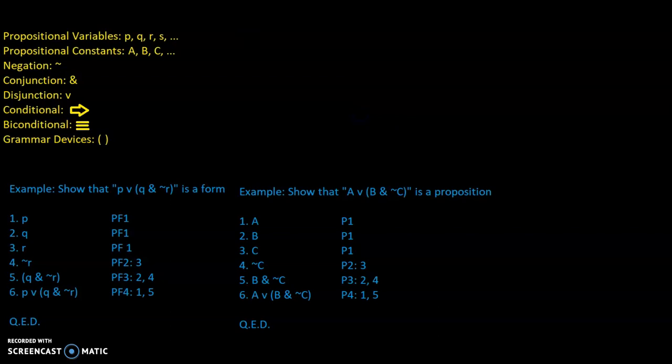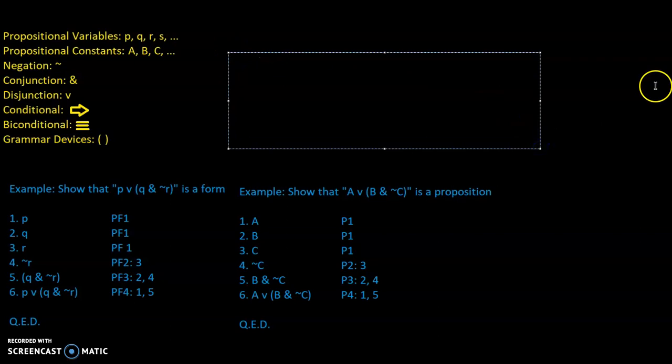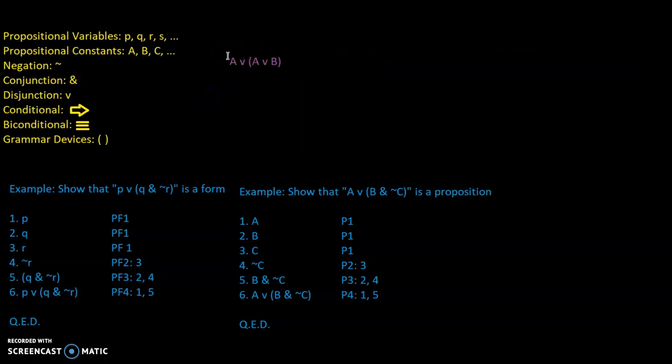So let's talk about types and tokens. Consider this proposition. This proposition has two tokens of the A propositional constant type. So the propositional constant type A is in this.